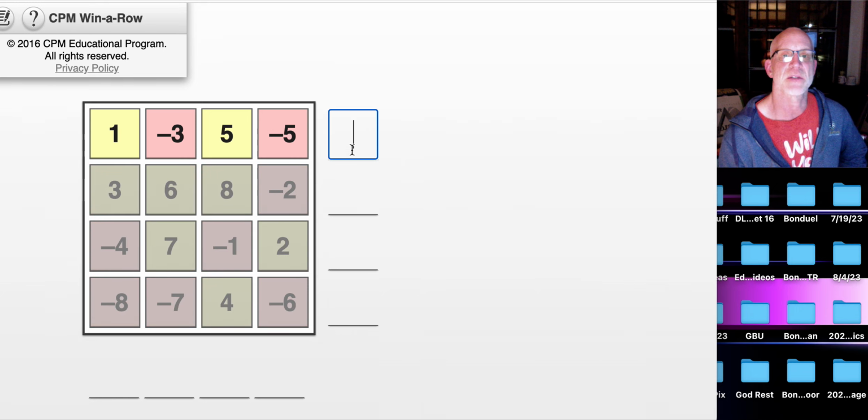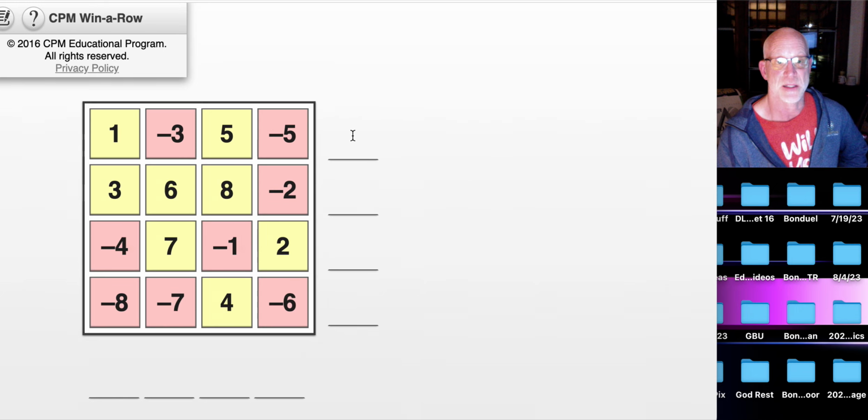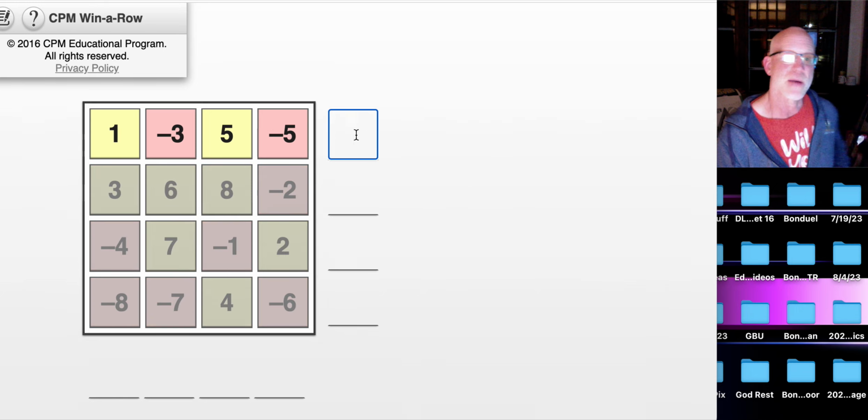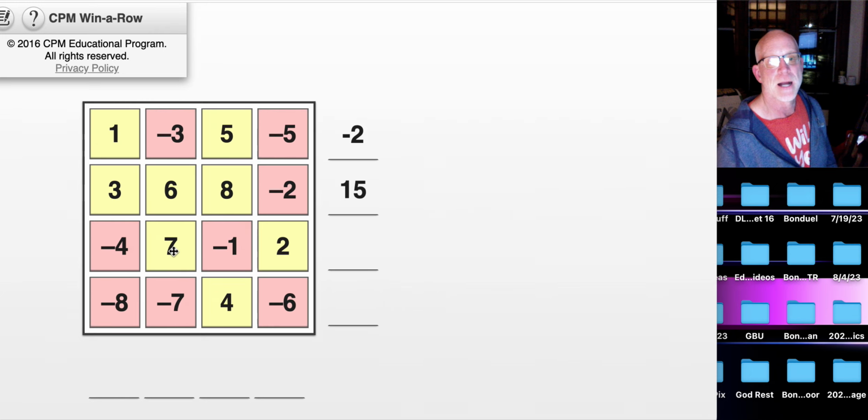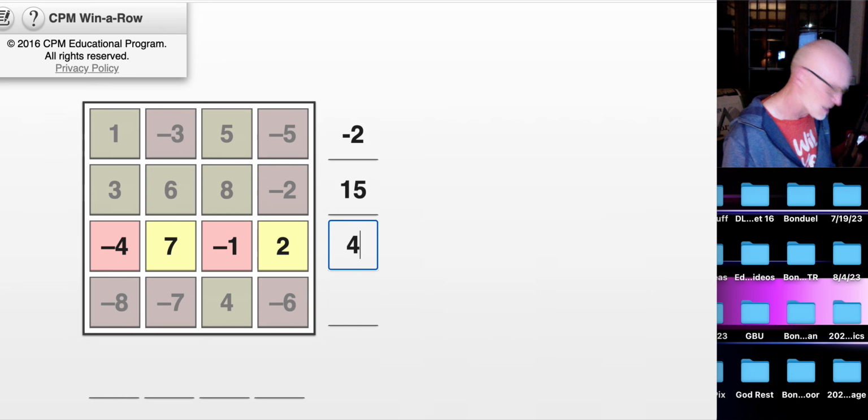Okay, so if I looked at this one right here, those cancel out, so that one is -2. Red wins that row. This one, 8 plus 6 is 14, 17 minus 2 is 15. That's a yellow win. We have 7 subtract 4 is 3, subtract 1 more is 2, plus 2 is 4, so that's a yellow win.